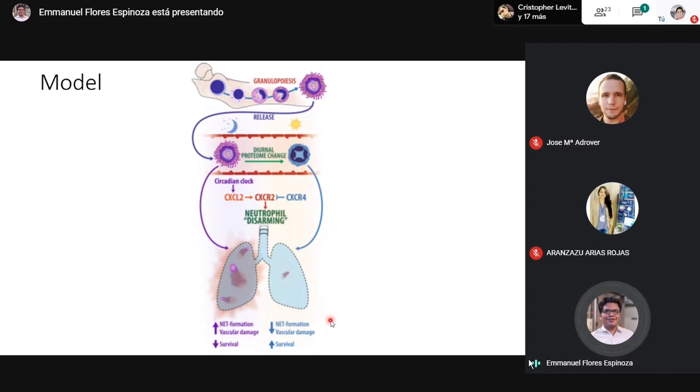So it is a mechanism that permits neutrophils that arrive to the tissue, specifically the lung, to not cause as much damage as they could if they arrived with the pattern they had when they were released. So this is the final figure of this paper.